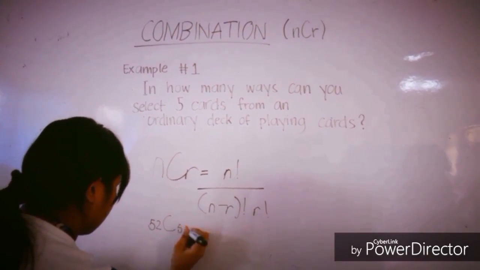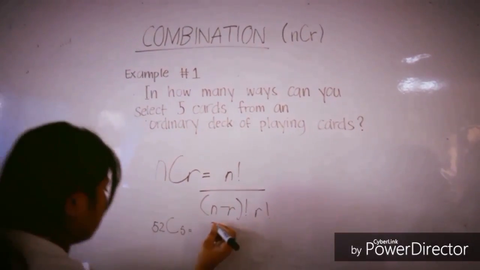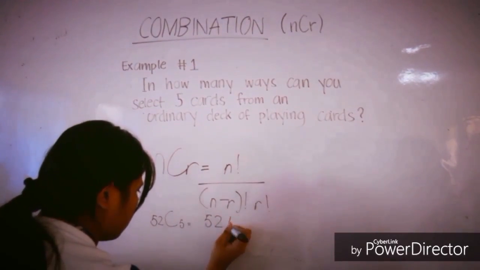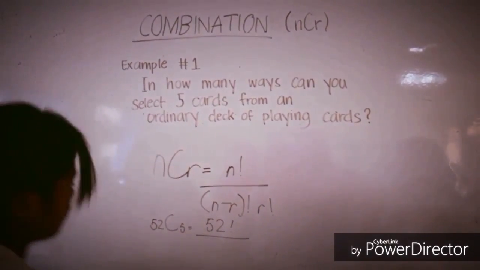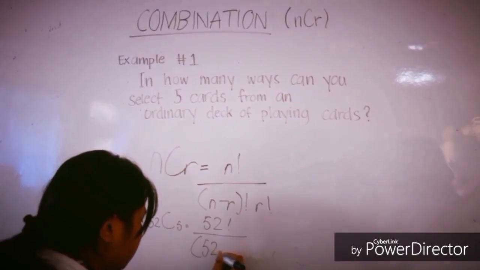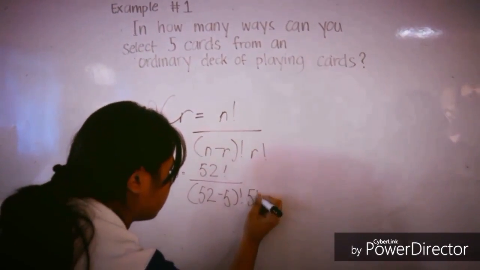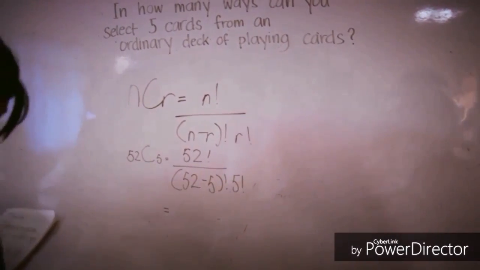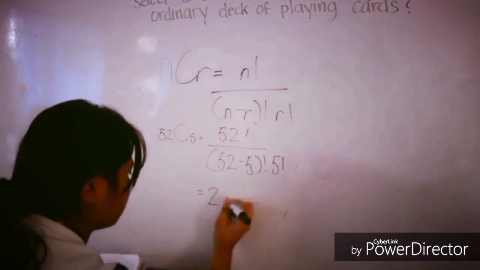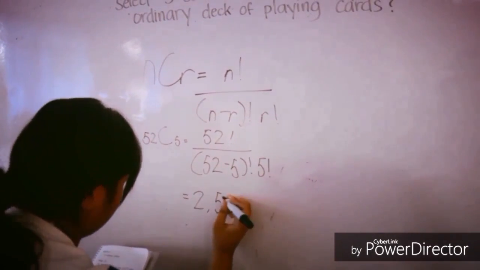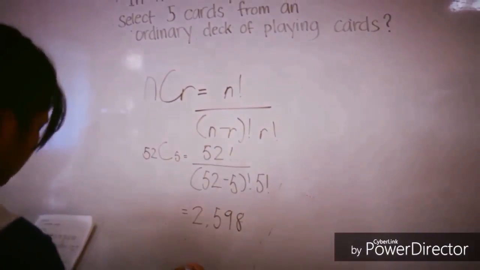Replacing all the n with 52 since it is the total number of cards, then replacing the r with 5 for choosing, we will have the solution of 52 factorial over 52 minus 5 factorial times 5 factorial, coming up with the answer of 2,598,960.